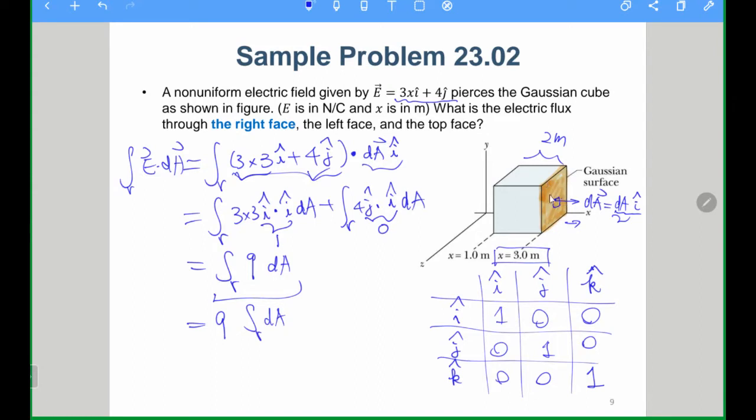The area of this surface is nothing but 2 times 2. The area A equals the integration of dA, which is 2 times 2, which is 4 meters squared. So it is 9 times 4, which is 36 newton meter squared per coulomb.